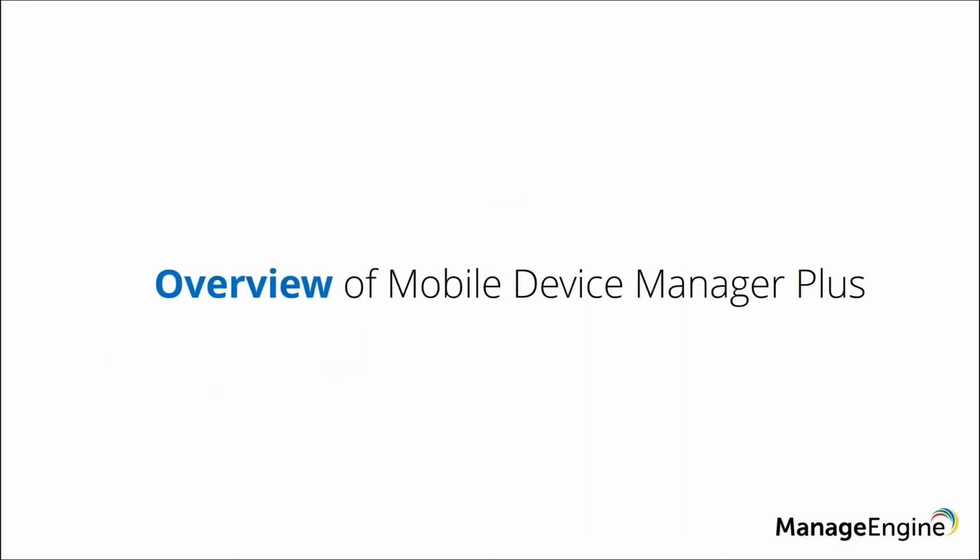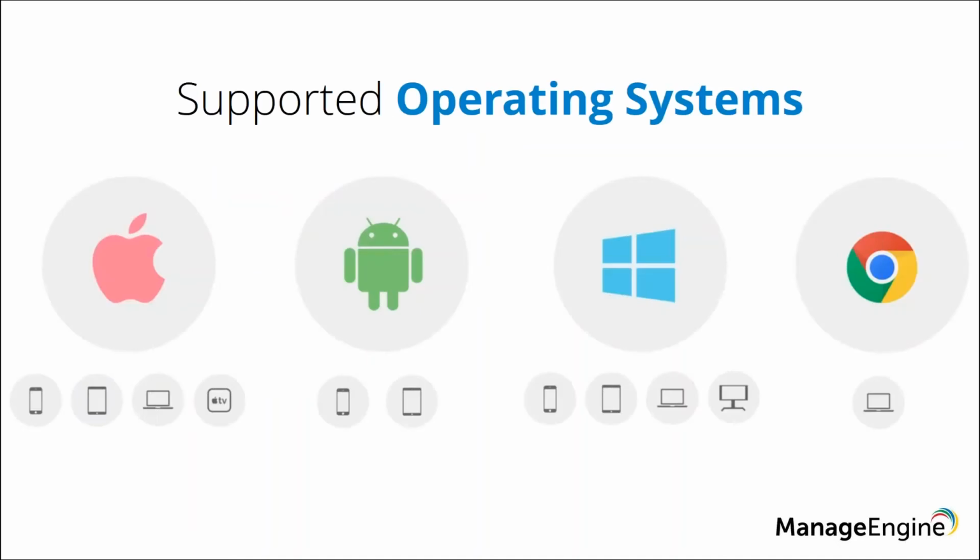All right, the overview of Mobile Device Manager Plus. These are the operating systems supported in our MDM. You get to manage iOS, Android, Windows, and Chromebooks under our MDM solution. And these are the list of device types. For iOS, you can manage iPhone, iPad, MacBooks, and Apple TVs.